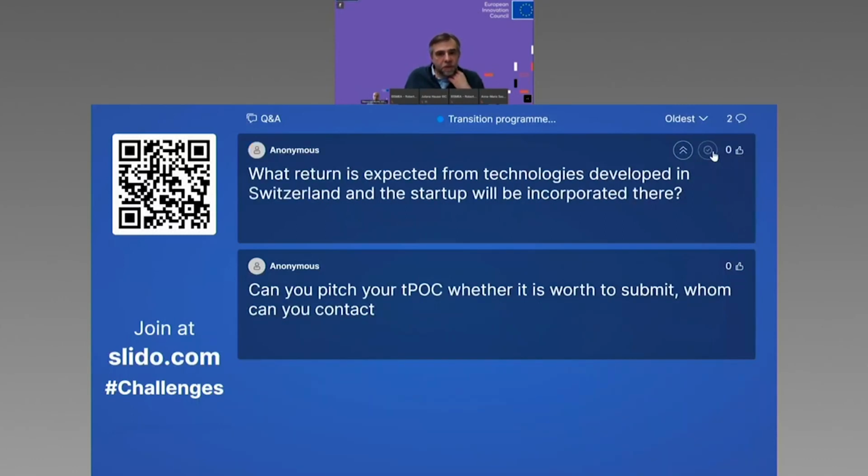What return is expected from technologies developed in Switzerland if the startup will be incorporated there? Good question. I don't think we can support that at this moment. Well, the question is complex, in the sense that entities incorporated in Switzerland can participate in our projects as associated partners, even if the country is not associated to Horizon Europe. Associated entity means that it will not receive funding.